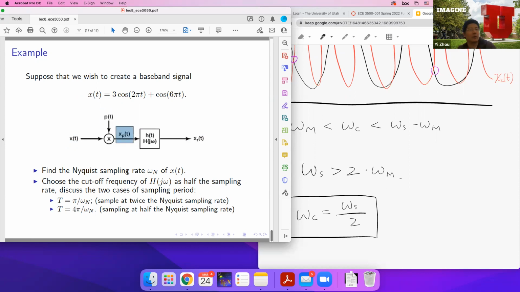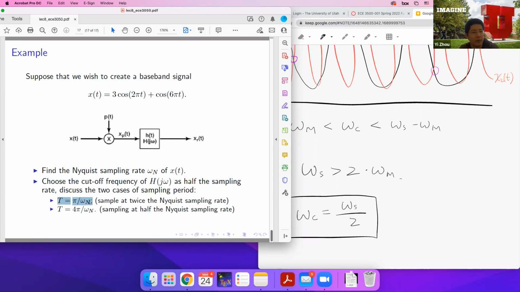And then once we have the sampled signal, we do low pass filtering and try to reconstruct the signal. Here we consider 2 different sampling periods: one is pi over omega n, one is 4 pi over omega n.